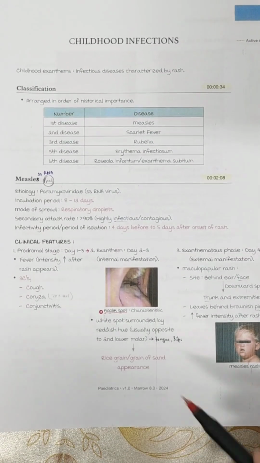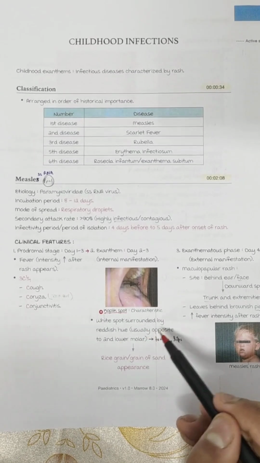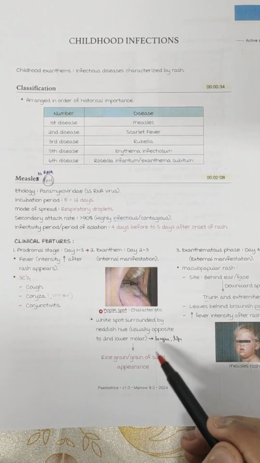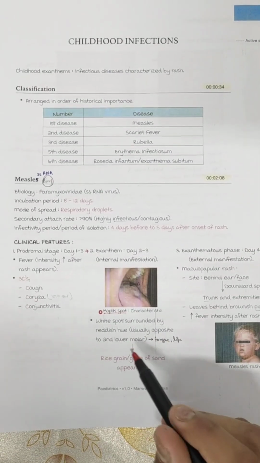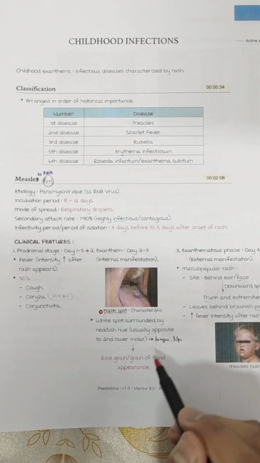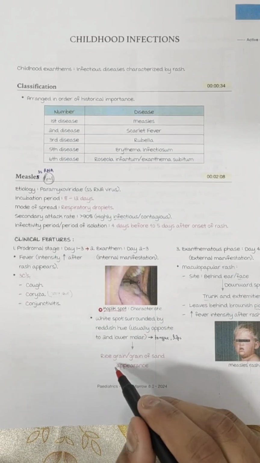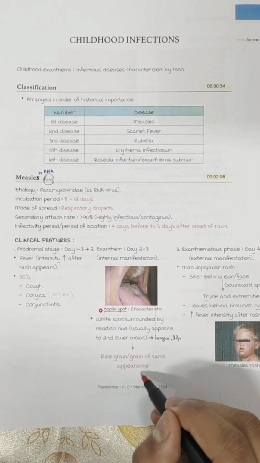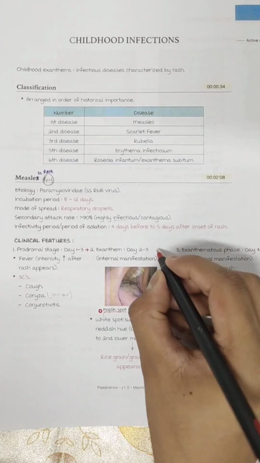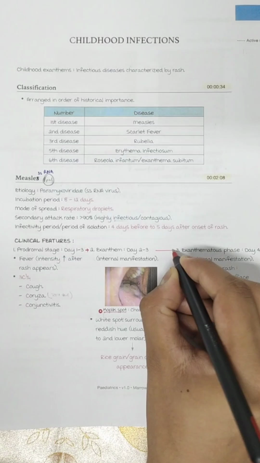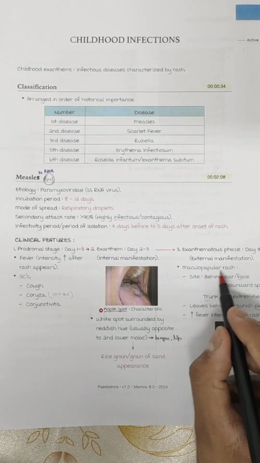It is characteristic for measles, that is white spots surrounded by reddish hue, usually opposite to the second lower molar teeth, and it is seen on tongue and lips. It gives a rice grain or grain of sand appearance. Next, after that, we can see the maculopapular rashes.